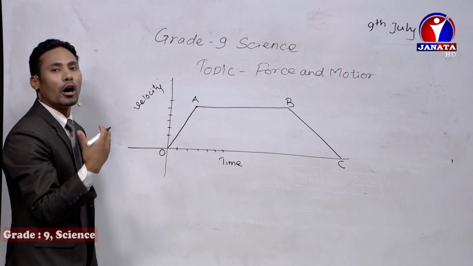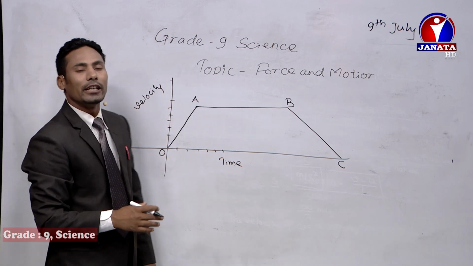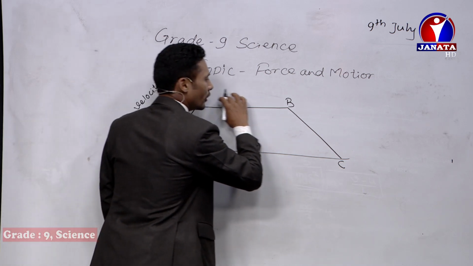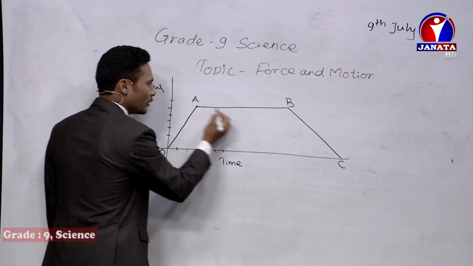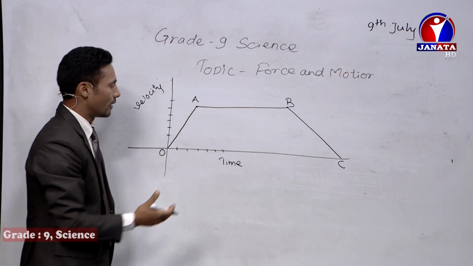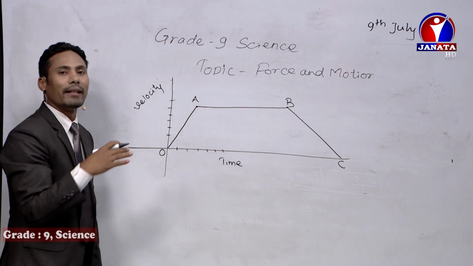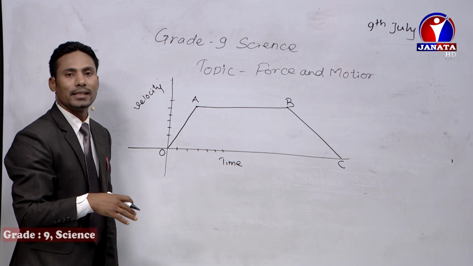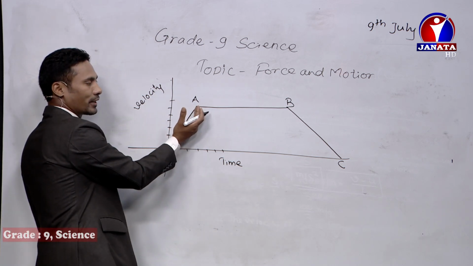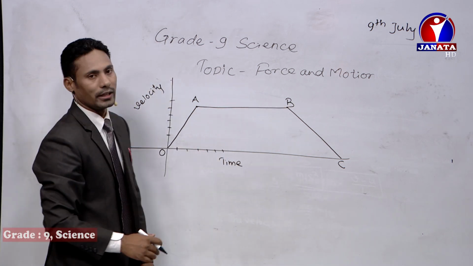When the object moves from A to B, the velocity is constant. The initial velocity and the final velocity are the same, so the acceleration is 0.